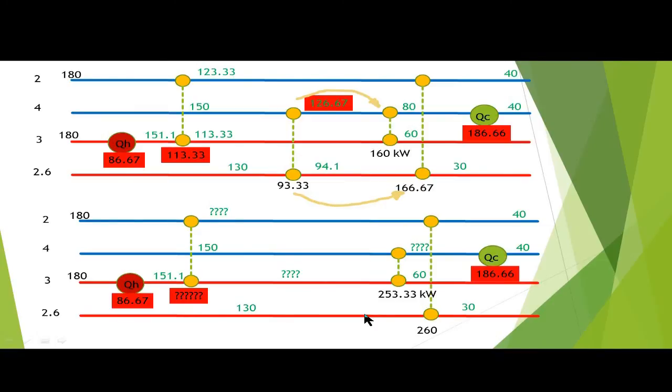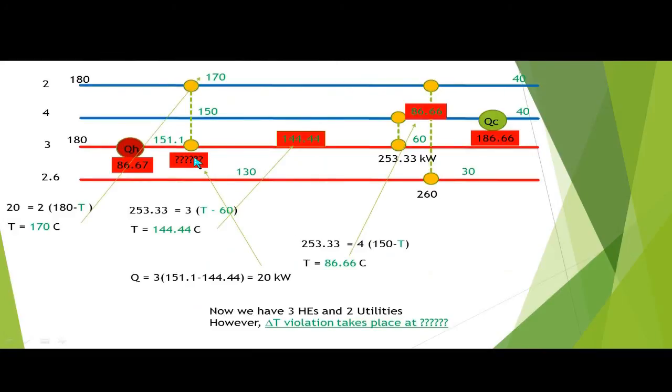Okay. So let's see what we can do. We have to find out that temperature first. How to do? Based on this data, that is the summation of the heat load put together and the fixed temperature of 60 degrees Celsius, we can find out the temperature outlet. This is inlet, this is cold stream, so inlet, then we get outlet there.